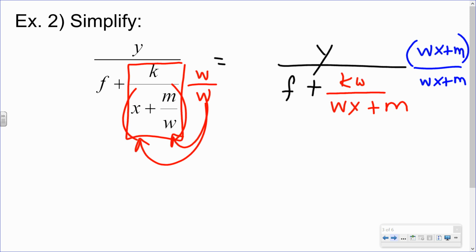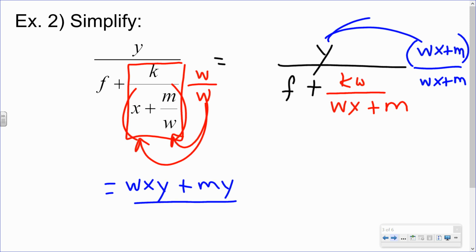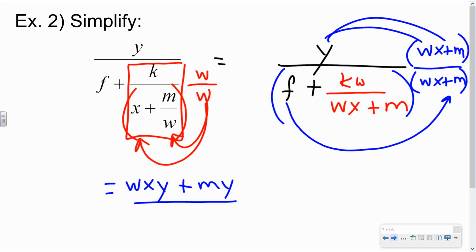So numerator, we are distributing. And we have wxy plus my when we distribute that y. That's the easy part. Now, for the denominator, first we need to take this wx plus m times the f.